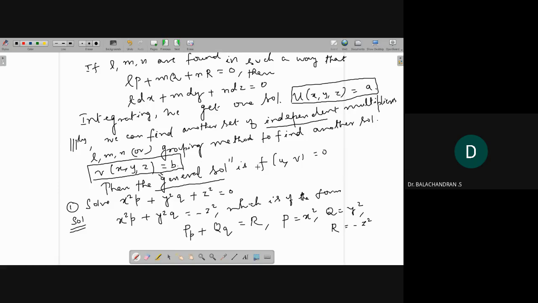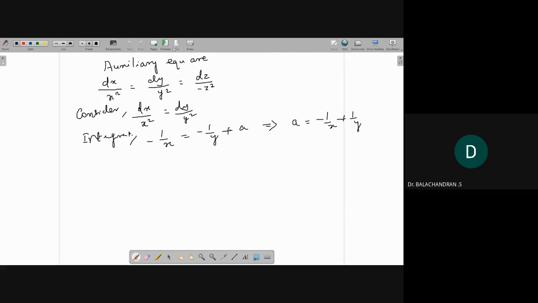Finally, the general solution is of the form F of u comma v equal to 0. Here a is nothing but u of x comma y. Then you can also consider the first and third: dx by x square equal to dz by minus z square.